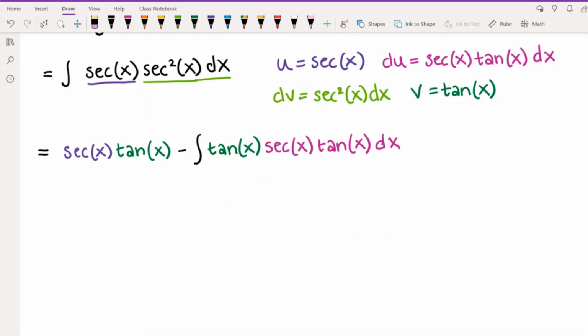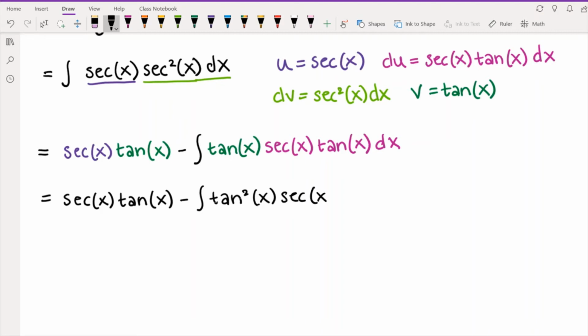So where do we go from here? Well, let's rewrite this as secant of x times tangent of x minus the integral of tangent squared of x times secant of x dx.